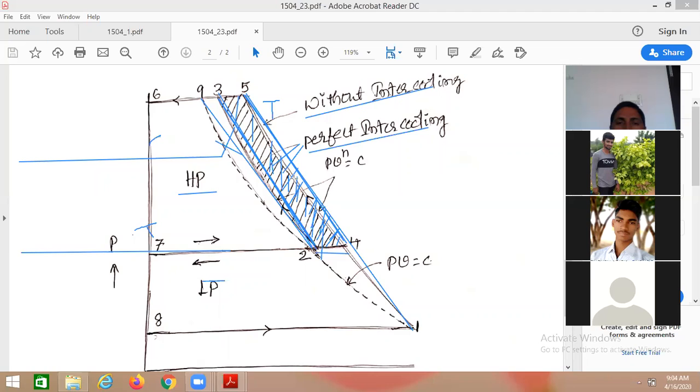Why multi-stage compression is required: we can reduce the work consumed by the compressor, and at the same time the volume of air entering each stage of compression will be higher. That means with better volumetric efficiency and with minimum work, we can continue the compression process. Keeping these advantages in mind, we have gone for adopting multi-stage compression.